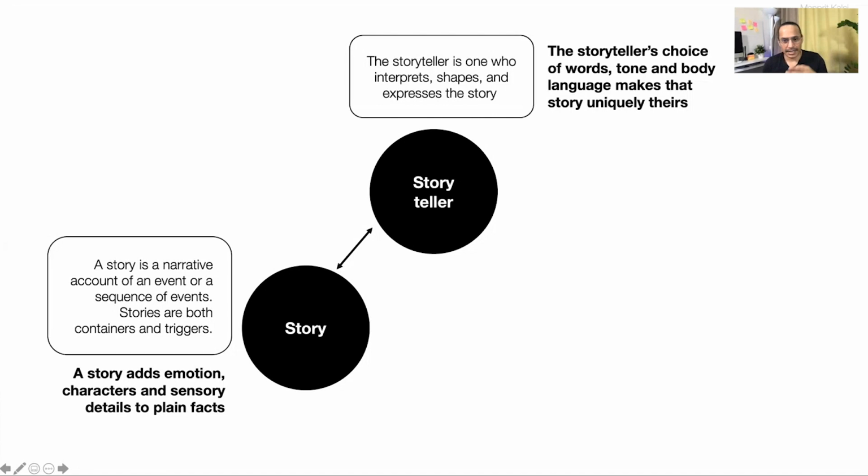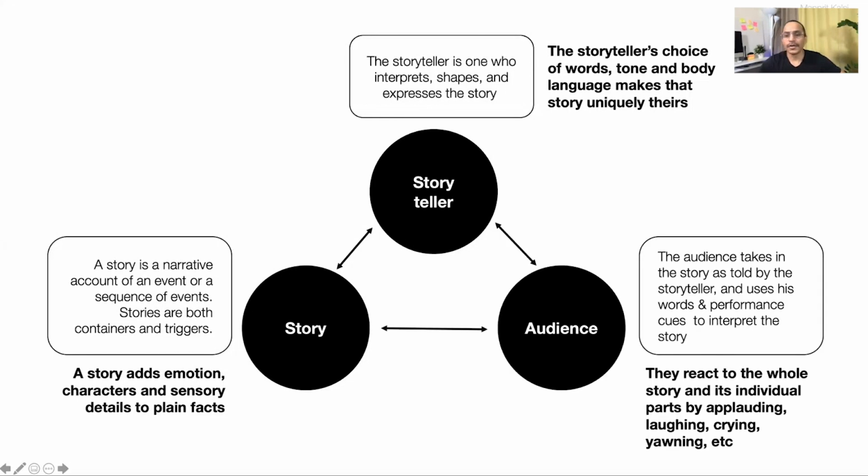As I said, if the same story is given to five people, they will approach it and present it in different ways. So storytelling is very personal. And the last one is the audience. The audience takes in the story as told by the storyteller. They listen to what the storyteller is telling and use his words and performance cues to interpret the story.